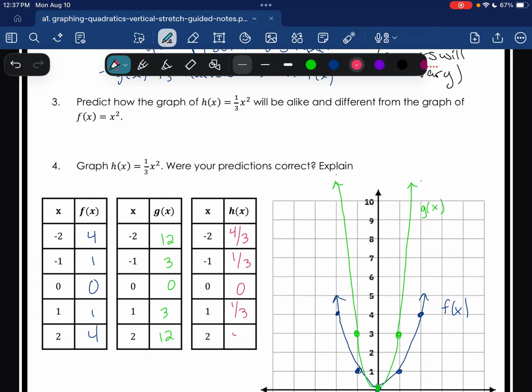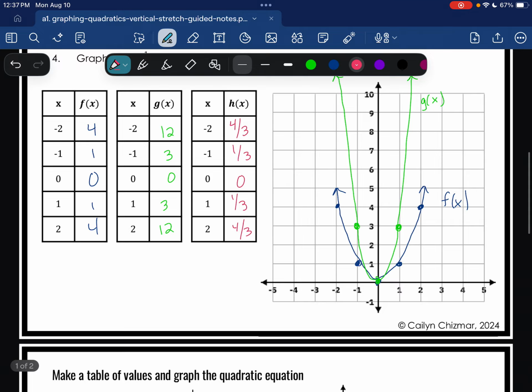So if I were to graph this at -2, I went up 1 and a little bit more. At -1, I went up 1/3. 0 was still at 0. Then at 1, up 1/3, and at 2, up 1 and 1/3. Like so. So you can see that this one here is narrower. This one is wider.